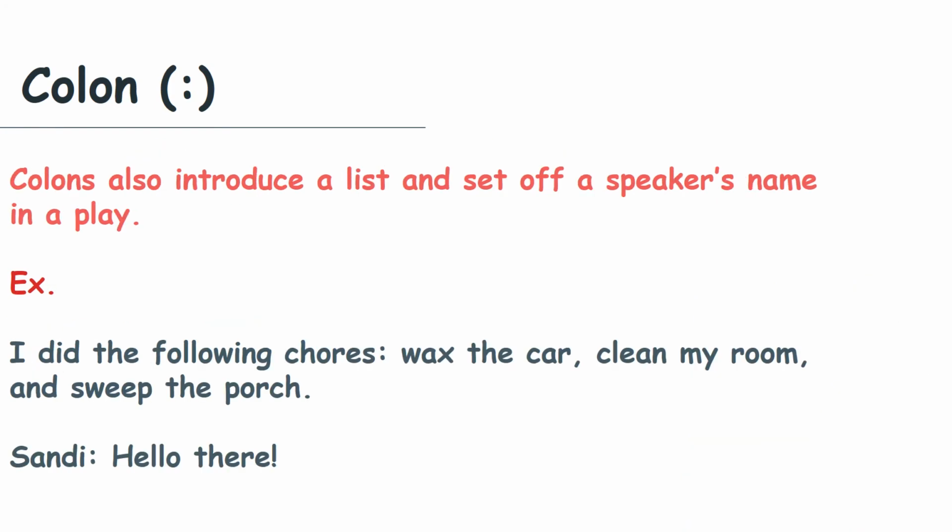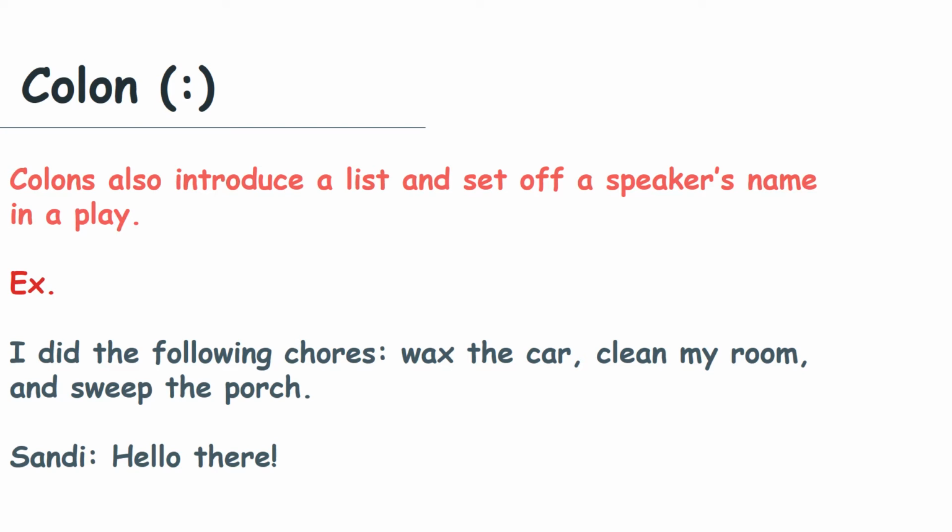Another use of colon is to introduce a list, and to set off a speaker's name in a play. So the first use is to introduce a list, and the second one is to set off a speaker's name in a play. For example, I did the following chores: wax the car, clean my room, and sweep the porch.